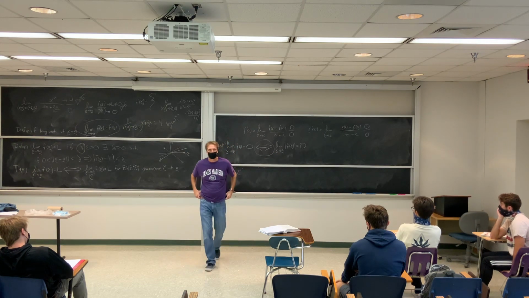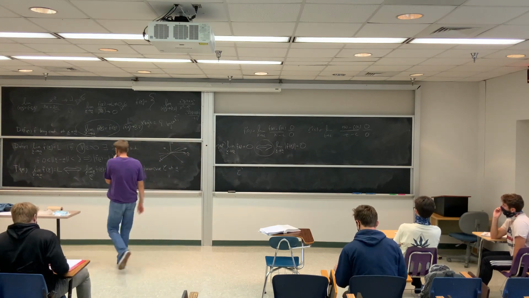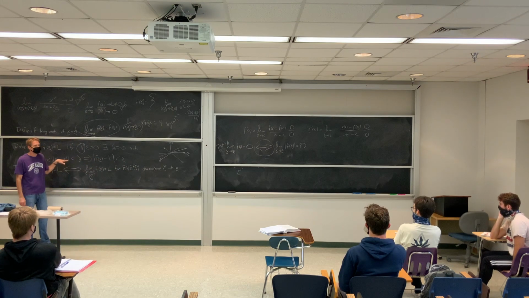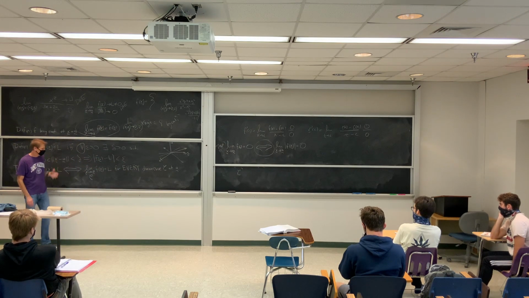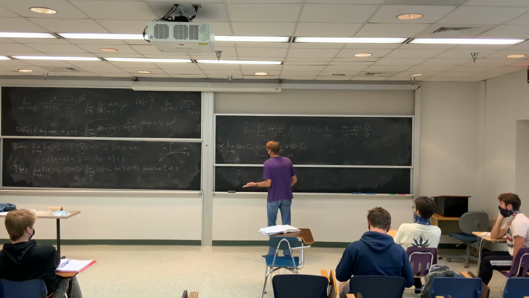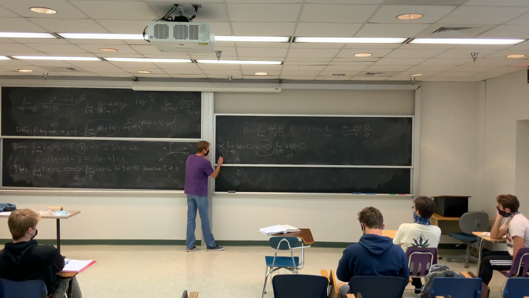Now I'll try to justify this for you. Let's go back to our definition. Give me an epsilon, there has to exist a delta. So imagine that I'm starting here. Then I know for some arbitrary epsilon, there's going to be a delta.